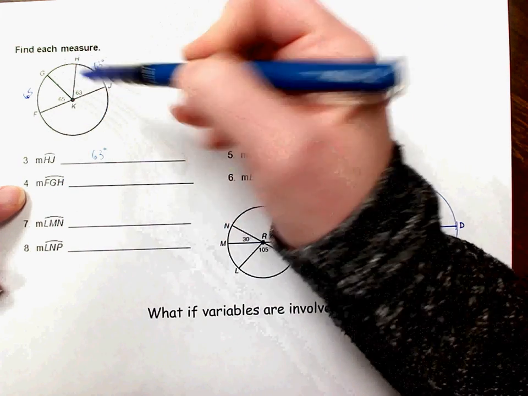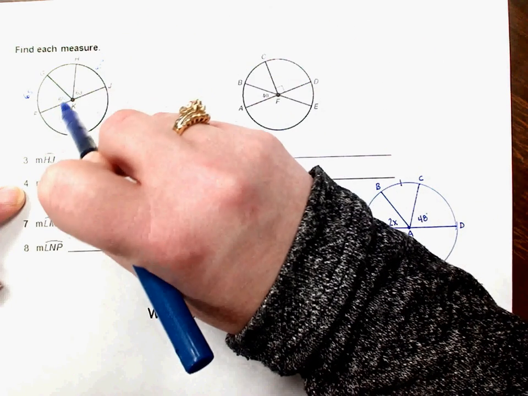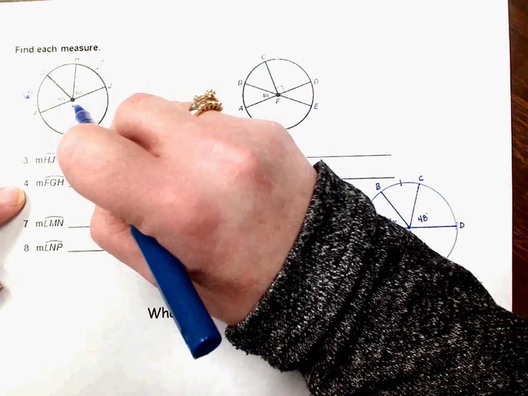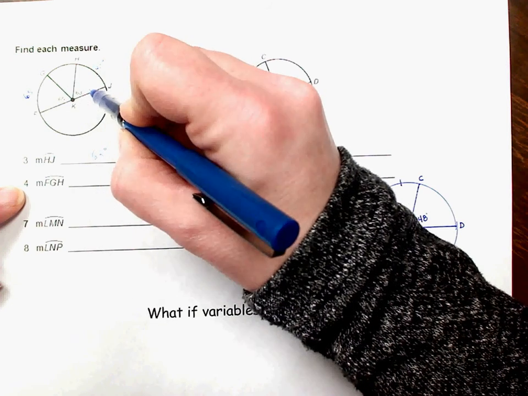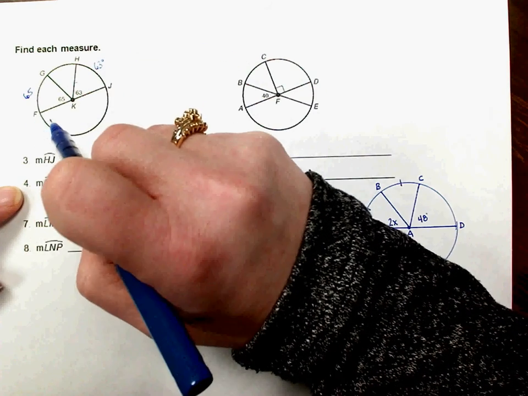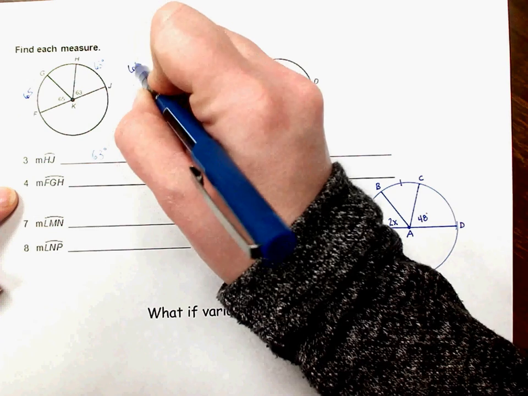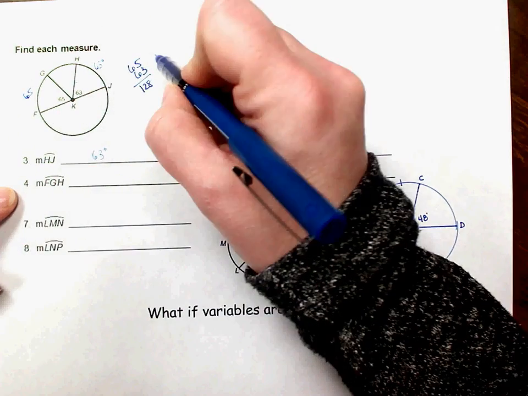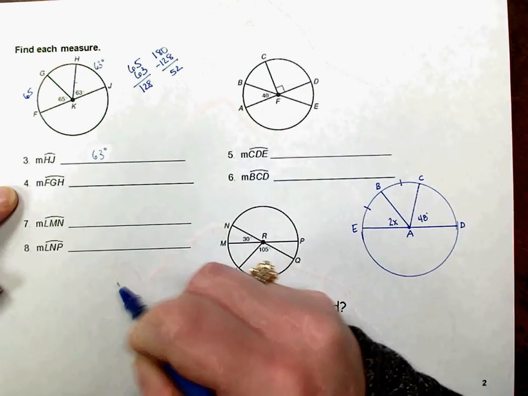But I need to know G to H in order to answer the question for number 4 and give F to G to H. So I'm going to find this 3rd angle inside the triangle, inside the circle, given the fact that we have a line here. This diameter is a line. So I know all 3 of these angles right here have to add up to be 180 degrees. So I'm given the 65 and the 63, which I can add together and get 128. And then I can find the 3rd one by simply subtracting 128 from the 180.